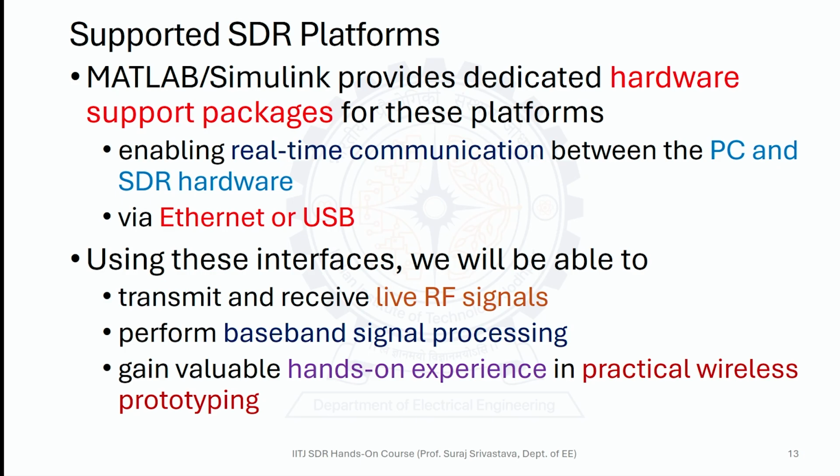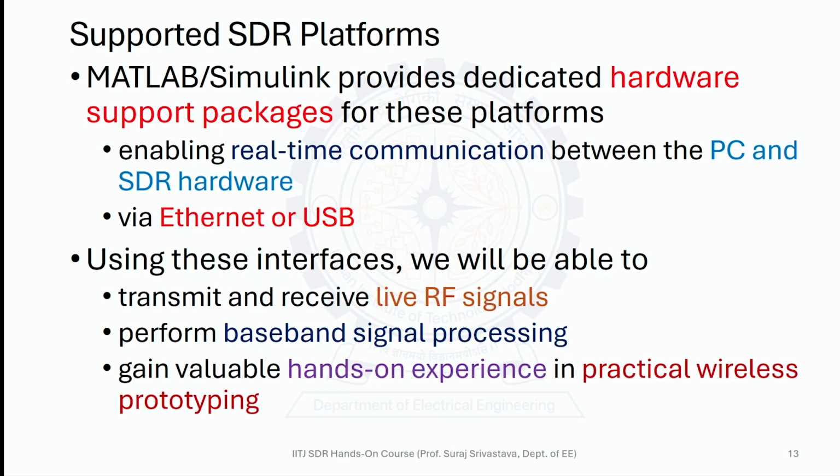So to enable these platforms, MATLAB has already provided some supporting packages which enable real-time communication between the Simulink or MATLAB models, which will be running on your computers, and this SDR hardware. This connection is done via Ethernet cable or USB cable. I will show you some of these SDR examples, and using these interfaces we can transmit and receive live RF signals.